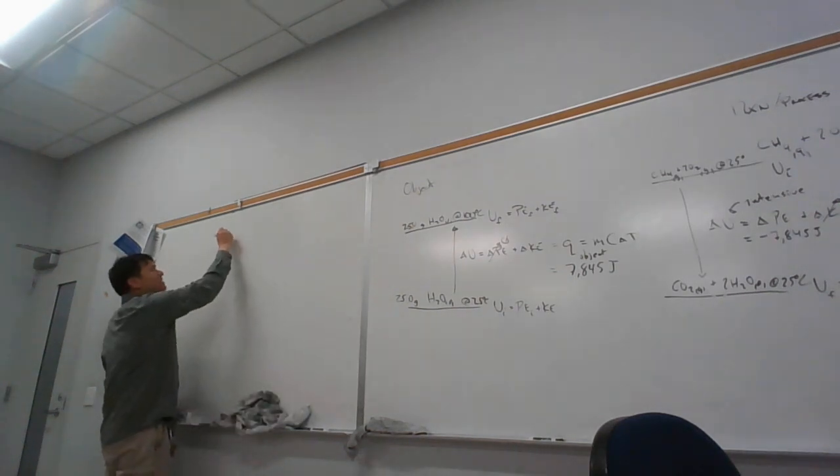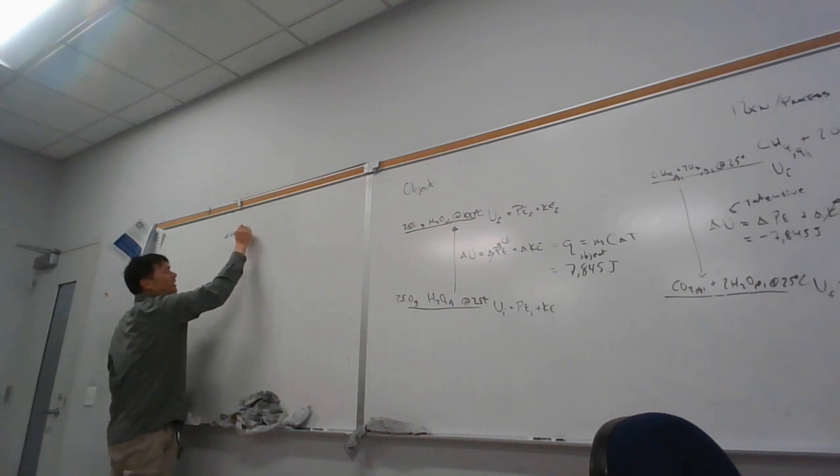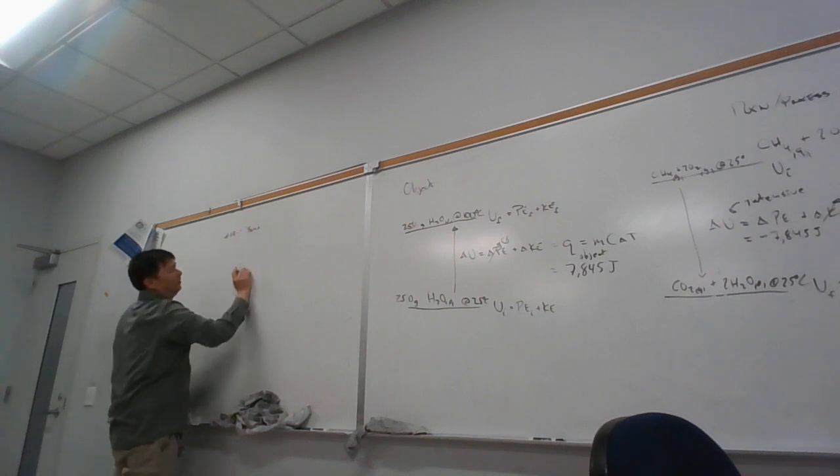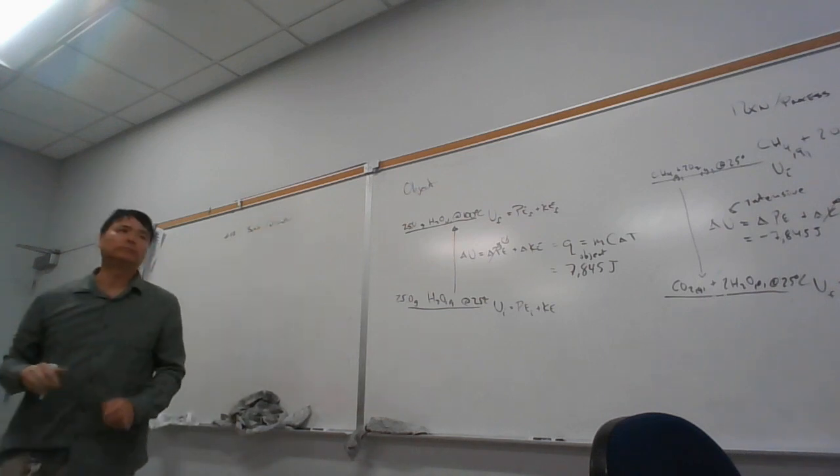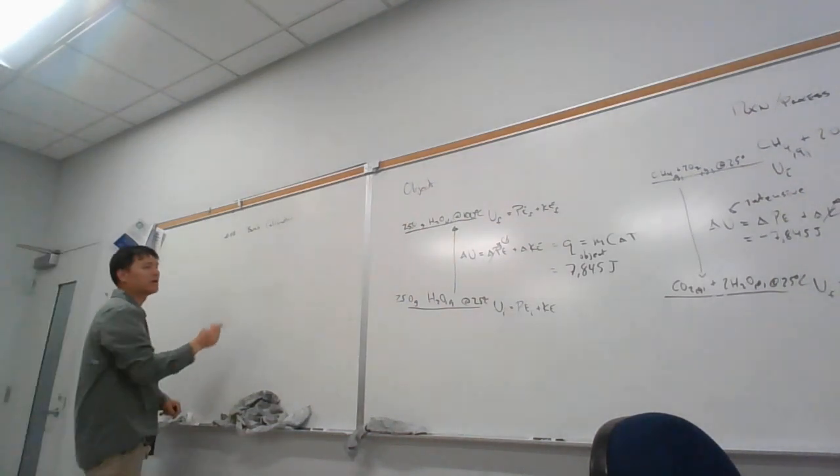So this is number 42, the bomb calibration. What we're going to do is burn some salicylic acid.